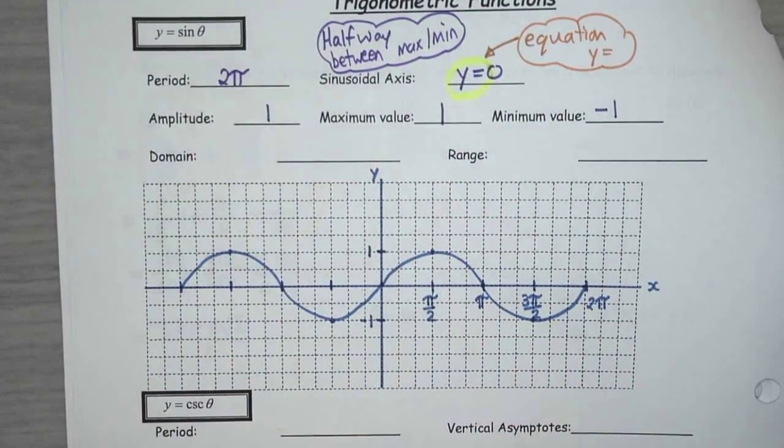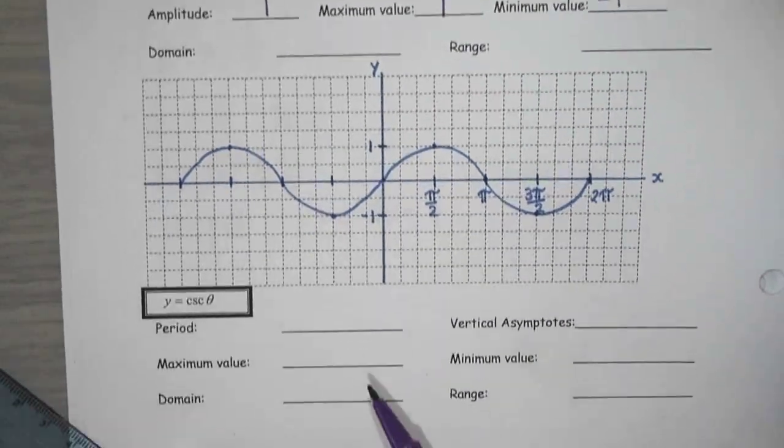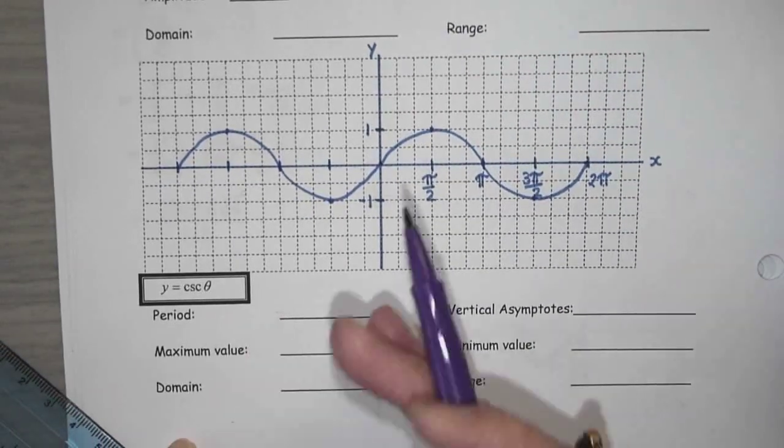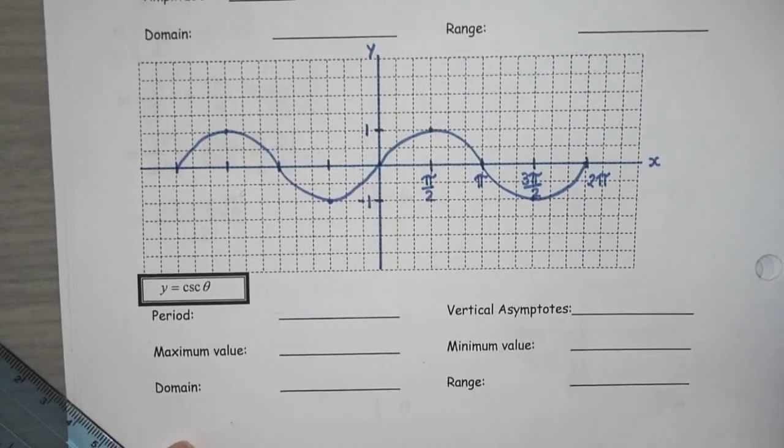Top and bottom. The domain you can write in set notation or interval notation depending on what we ask for. Sometimes on the top of a test we'll say write in interval notation, sometimes set notation. Let's do set only, because when we do the restrictions, sometimes those restrictions, when you say does not equal, are much easier to write in set notation.